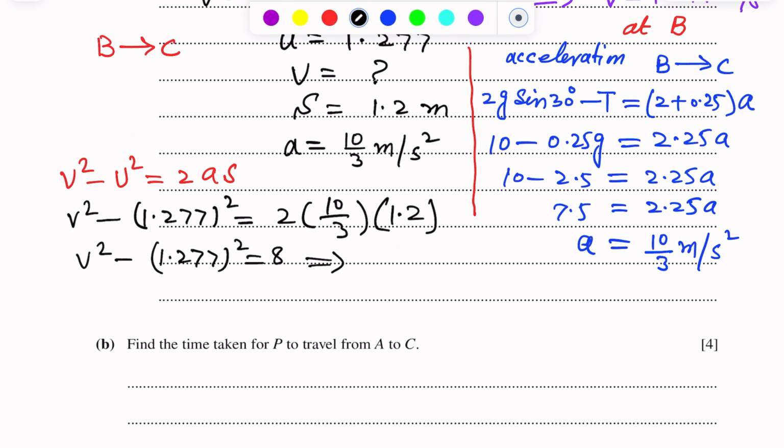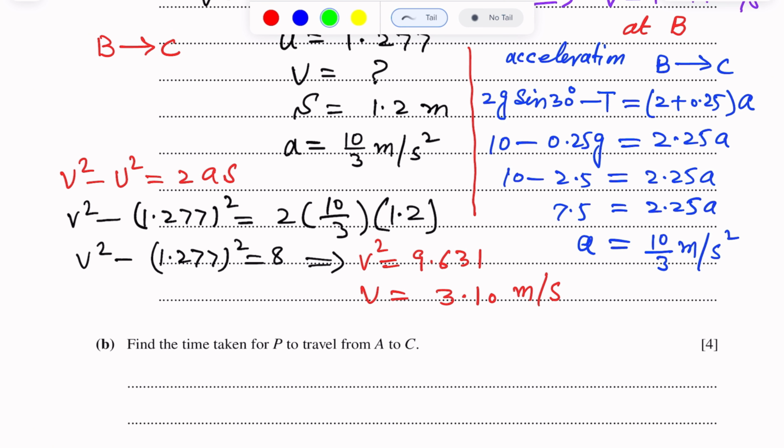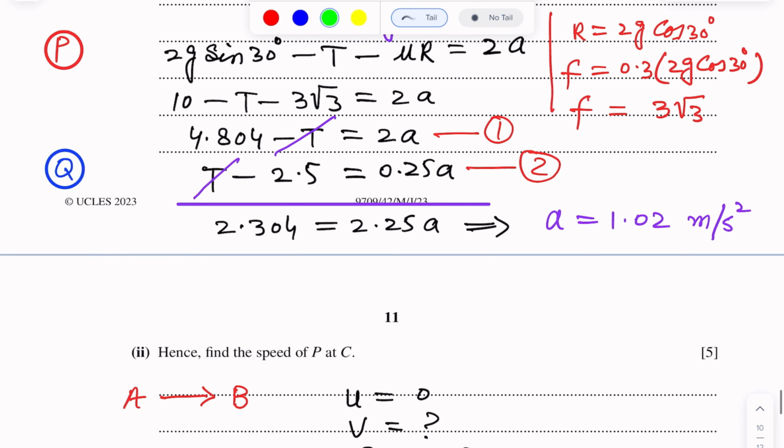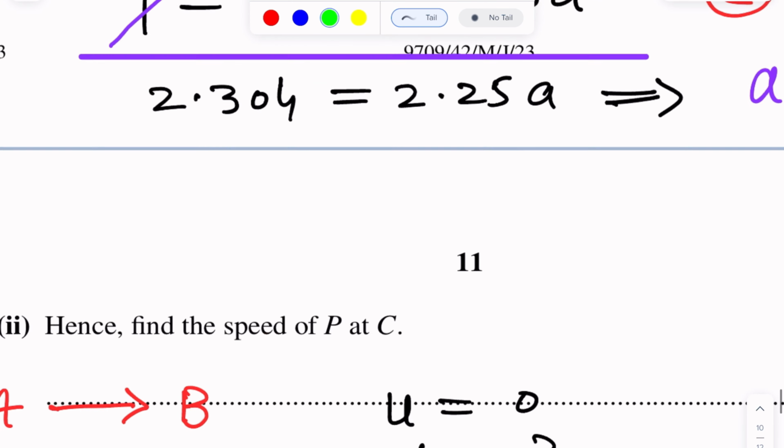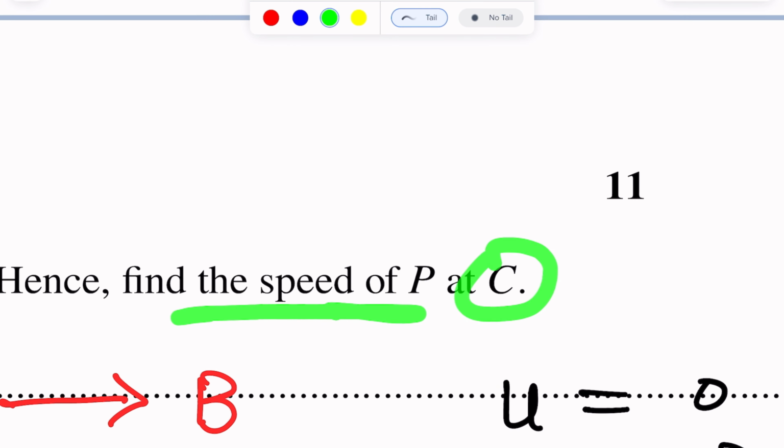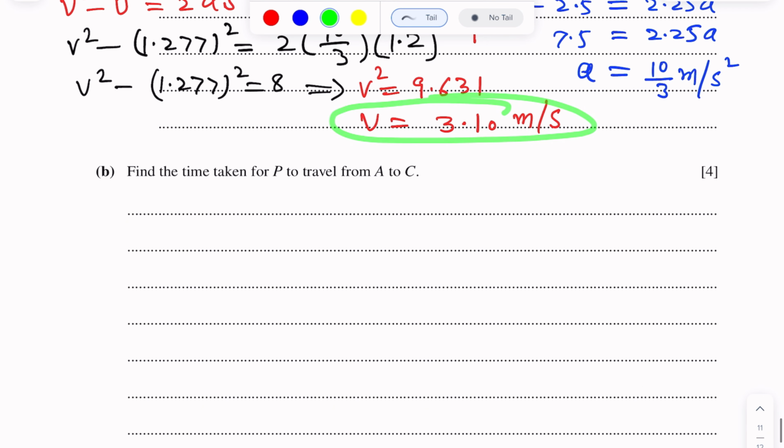From here, v square will be 9.631. Now taking square root each side, we get v is equal to 3.10 meters per second. This is the speed of the particle P at point C.